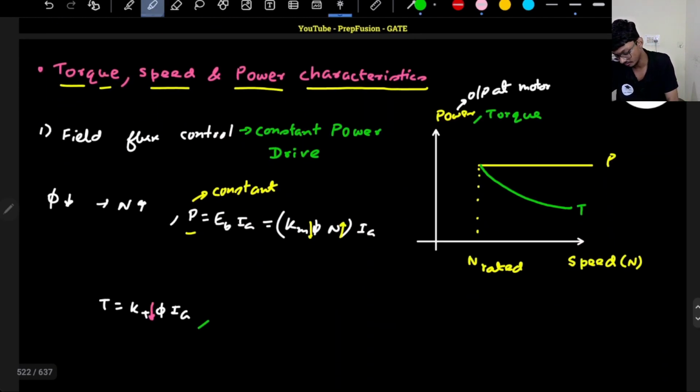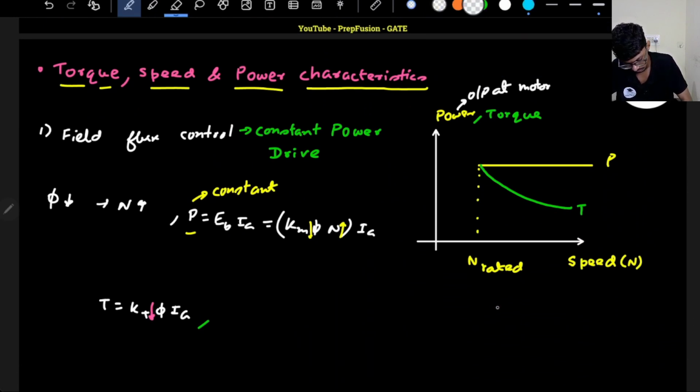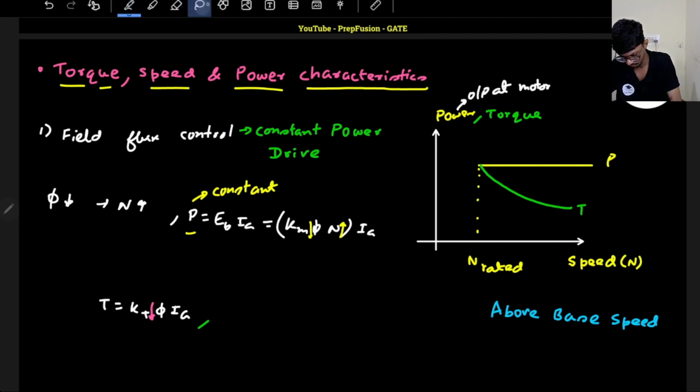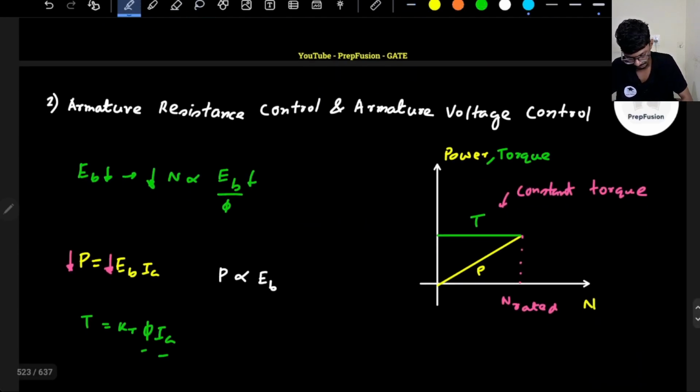So this is above base speed, and this is below base speed.